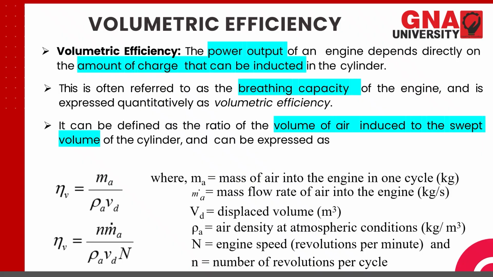It is defined as the ratio of actual volume of air induced to the swept volume. Now swept volume is the maximum volume which can be contained by the engine. Maximum volume of charge that can be contained by the engine is represented theoretically by the swept volume.